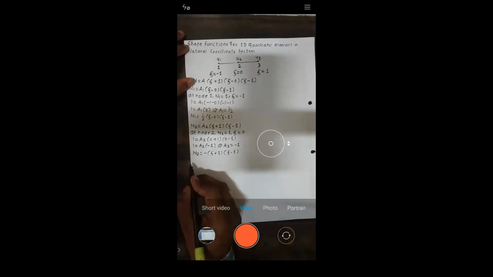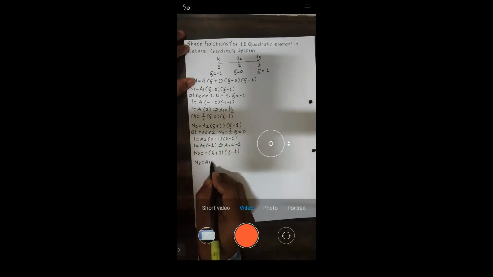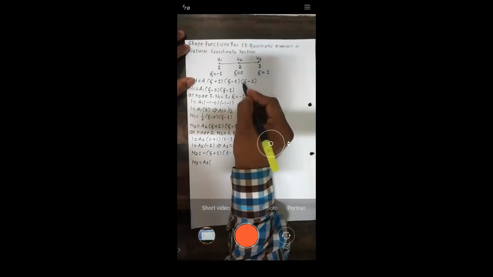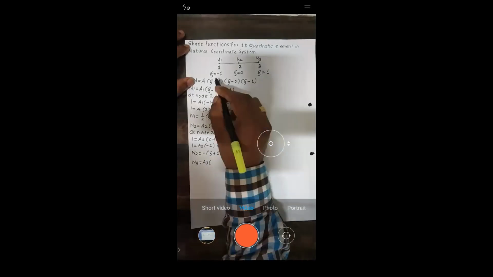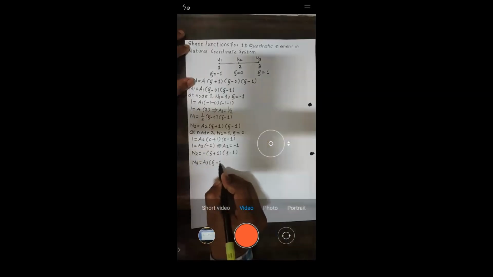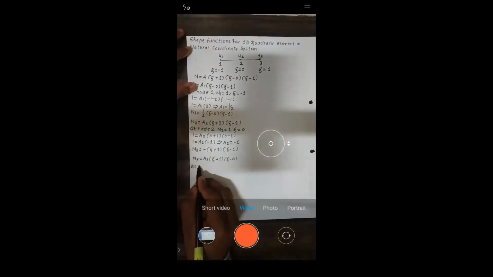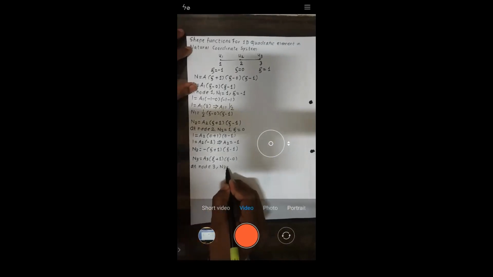Okay. Similarly, can you write down N3? N3 is equal to A3 into, now you don't write down this term because this is for node 3. The rest of the two you can write down: zeta plus 1 and zeta minus 0. So similarly, at node 3, what is the value of N3? Obviously it is 1. What is the value of zeta? It is again 1.